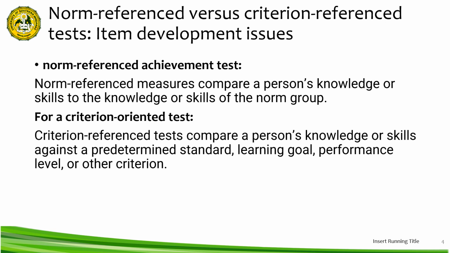Halimbawa, for you to be a licensed teacher, you have to reach the average score of 75%. So whether or not only 2 people have reached the 75%, it doesn't matter. 75% is 75%, and that is the cut score.